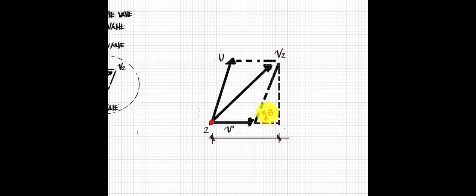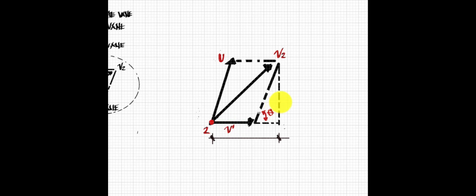So I have here your theta, then I have also here U, the relative velocity of the jet. Then we have your V2, the absolute velocity of the jet as it leaves from point 2. So I have here your point 2, and we have here the velocity of the vane.